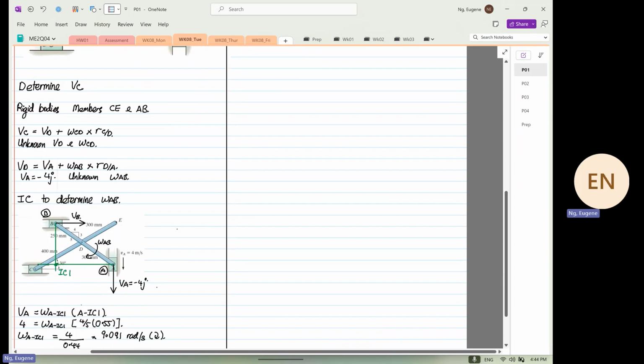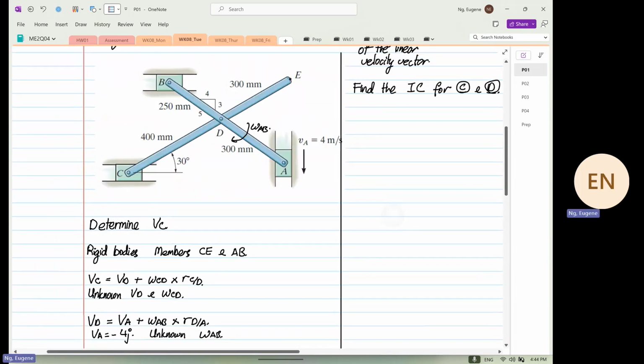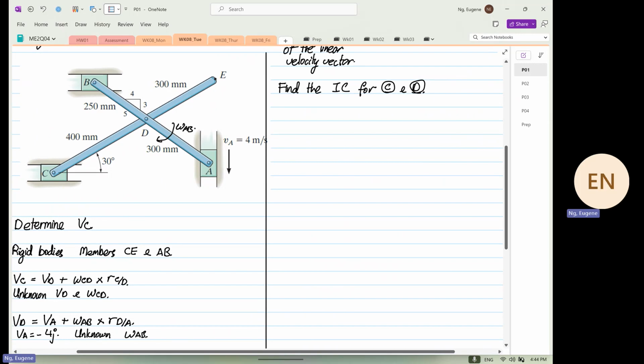AB could work because we know the orientation of the velocity vectors. Yes or no? All right. Point D, do we know? Don't know yet. So for this case, we cannot apply instantaneous center yet. I repeat again, up to now where I am, we cannot apply instantaneous center. Why? Because we don't know VD. So very easily we can find VD.